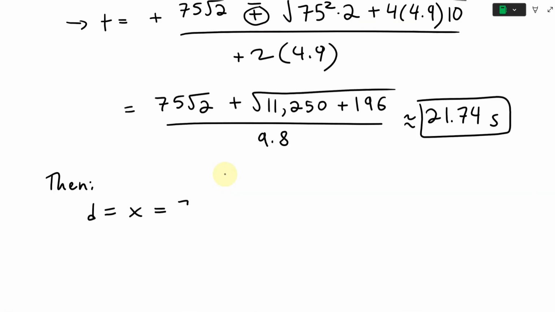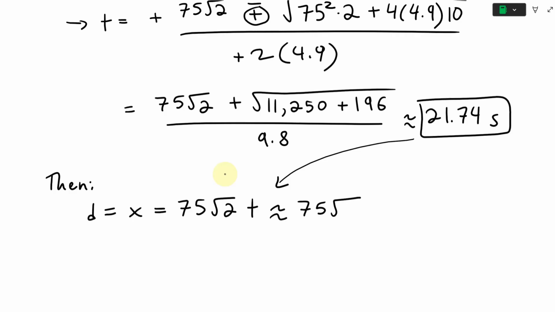So this is going to be 75 times square root 2 times t, and now we just throw this inside. So this is going to be approximately, because that's an approximation, 75 times square root 2 times 21.74.